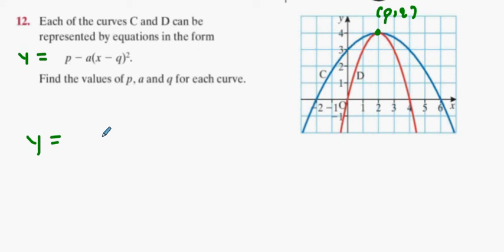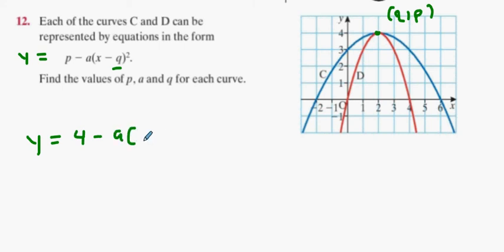Sorry, guys. Actually, the opposite way around this time, isn't it? Sorry, they tricked me. It's the q value that's the x value. My bad. So, in this case, p is 4. I was thinking of the last question. They tricked me good and proper.